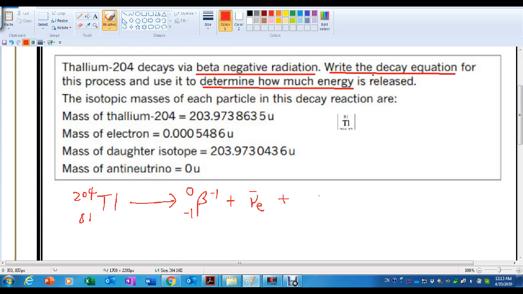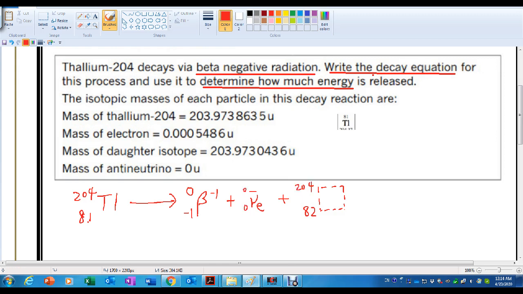Plus an unknown particle, the daughter nucleus, but we don't know the daughter nucleus, right? So you need to balance the equation anyway. So if that's 81 and that's -1, then to balance the equation it should be 82. And there will be no change in the mass number.